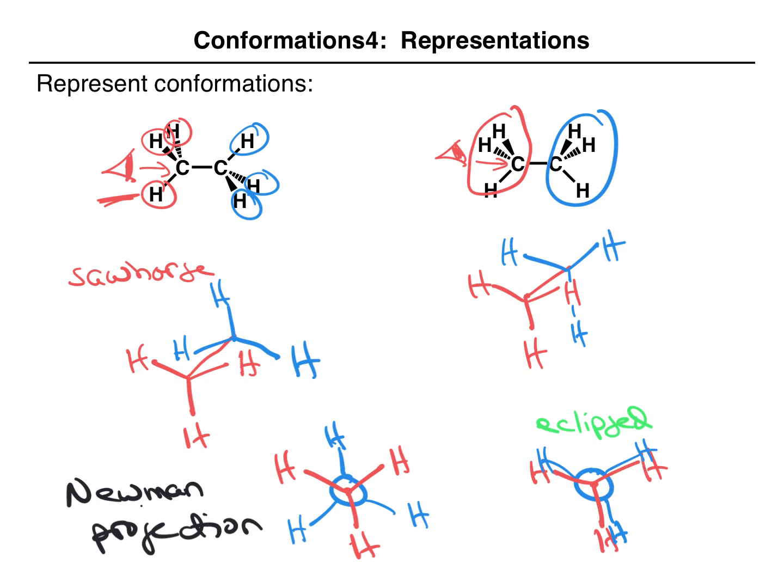In contrast, over here, if we look at the angle between the blue hydrogens, the red hydrogen exactly splits that angle in half. And so what we have here is a staggered conformation. So staggered and eclipsed conformations are possible.